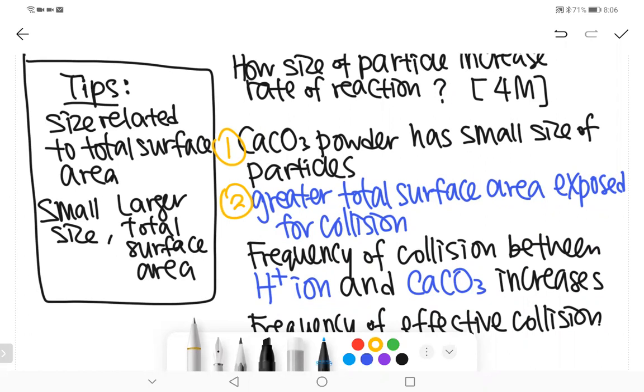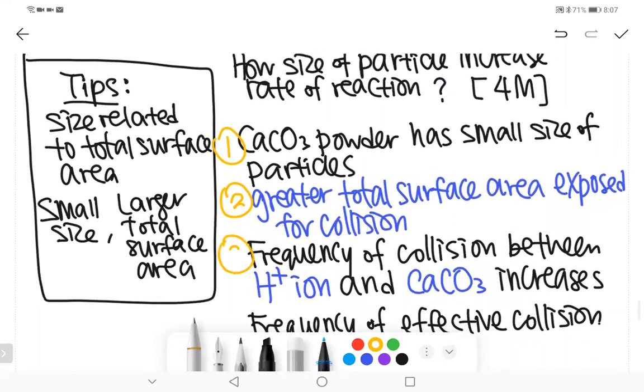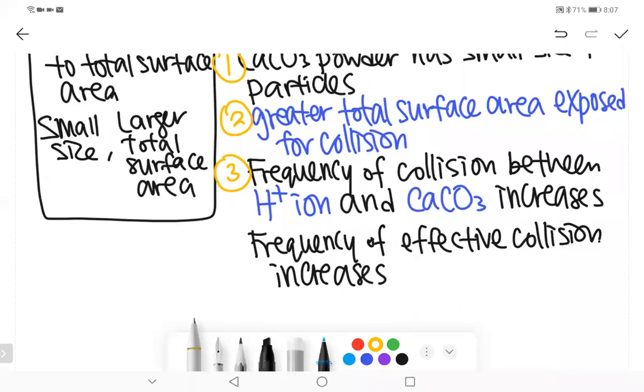When you have a bigger area to collide, the frequency of collision will increase. When they collide more and more often, you will get more and more effective collisions. That is what you need to know.